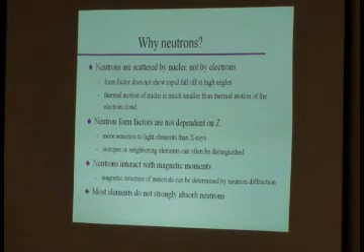Big difference that we already touched on before is neutrons are scattered by nuclei, not by the electrons, right? What does that mean? Well, first of all, it means the form factor will not fall off as rapidly with angle, because the nucleus is much smaller than the electron cloud. Okay.